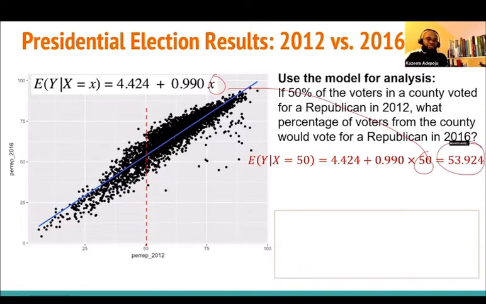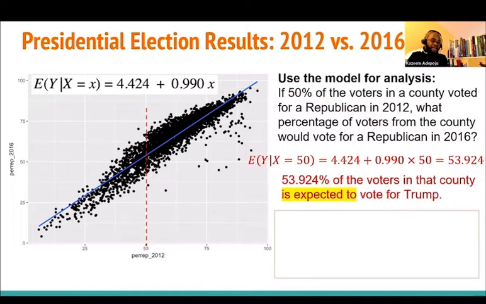Now, how can I interpret what I have right here? The interpretation is that 53.924% of the voters in that county are expected to vote for Trump. How do I know this?